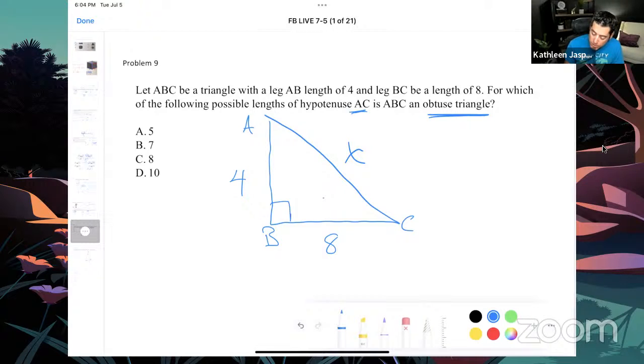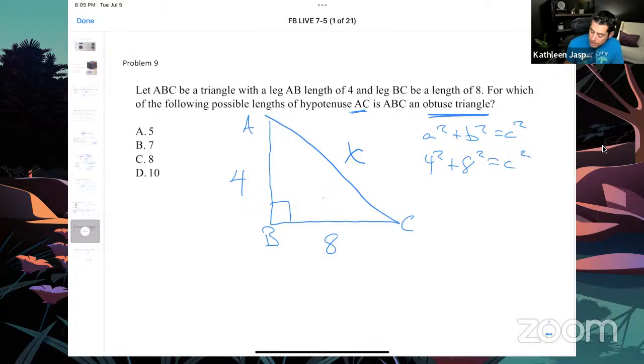So I'm going to do the Pythagorean theorem, which is a squared plus b squared equals c squared. Again, you can do this in your head, you can do it in your calculator, you can do it many different ways, but I'm just going to throw it out real quick. So I've got 4 squared plus 8 squared equals c squared. Let's just make that c.